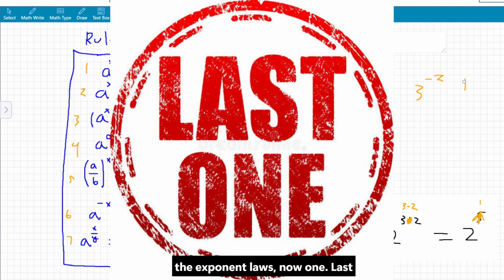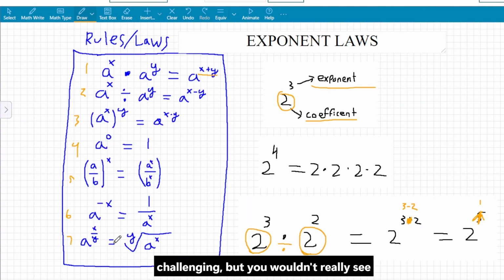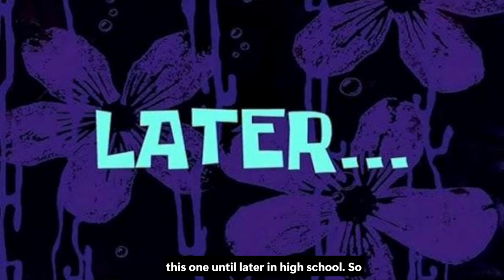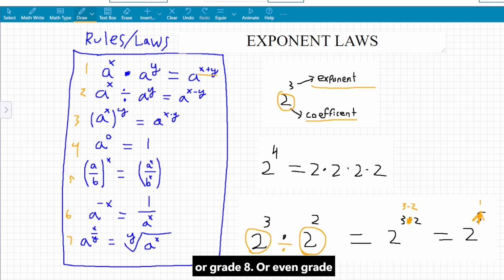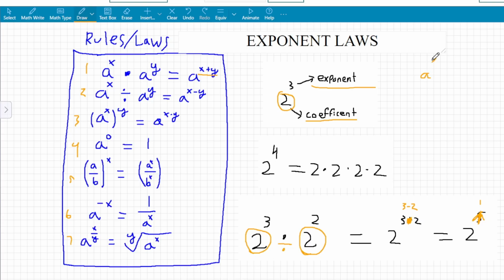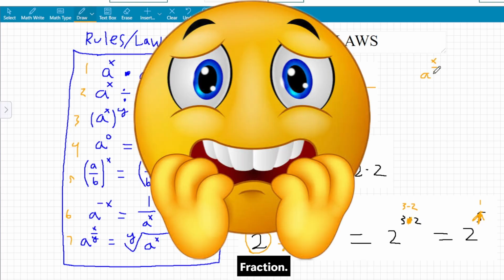Now, one last one. This one would probably be the most challenging, but you wouldn't really see it until later in high school. So, if you're just getting to grade 9 or grade 8 or even grade 10, you don't really see this one that much, but it's good to know. So, what do you do if the power is a fraction?